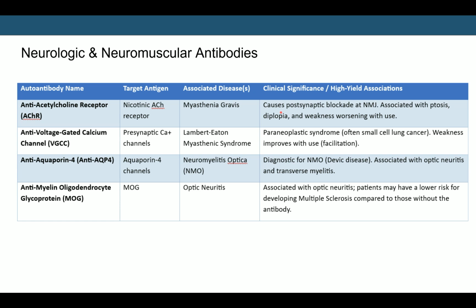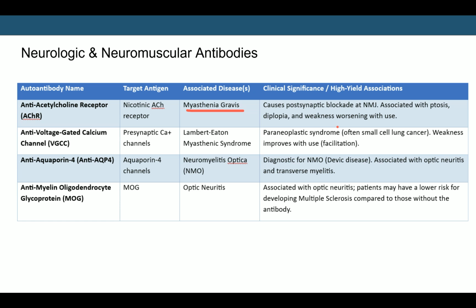For the neurological and neuromuscular ones, we have the anti-acetylcholine receptor. It's associated with myasthenia gravis, and this is important. The target antigen is the nicotinic acetylcholine receptor. It causes postsynaptic blockade at the neuromuscular junction. It's associated with ptosis, diplopia, and weakness worsening with use.